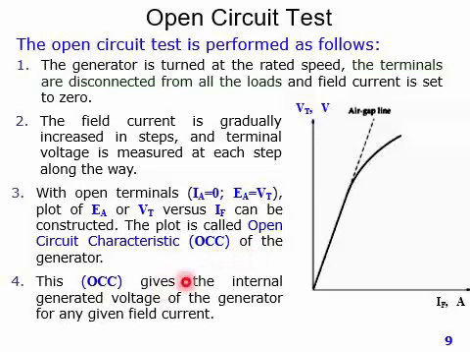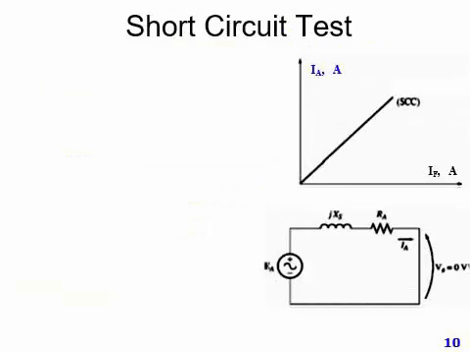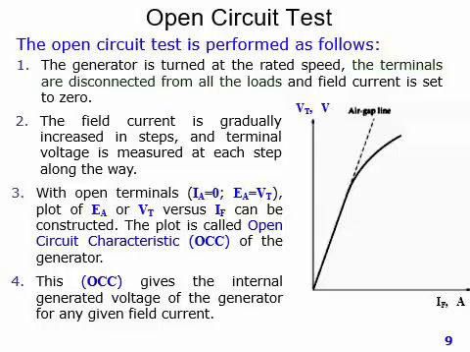This OCC gives the internal generated voltage of the generator for any given field current. It shows a linearity until a point where the Vt gets saturated.